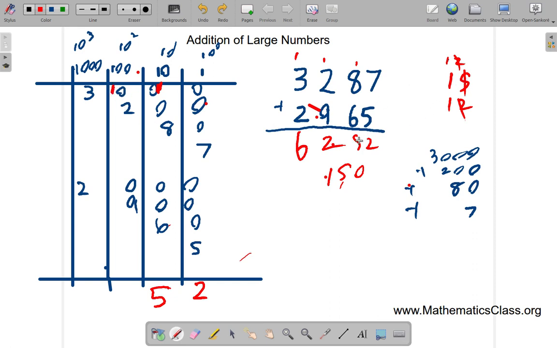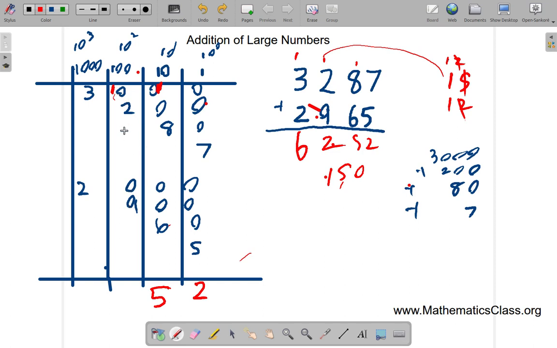That's why you said bring down the 5 and carry the 1 right above the 2. Because 15 tens means 100 plus 5 tens.